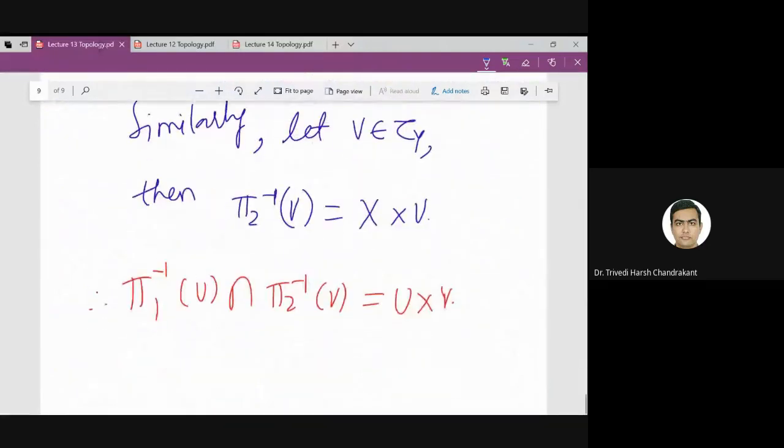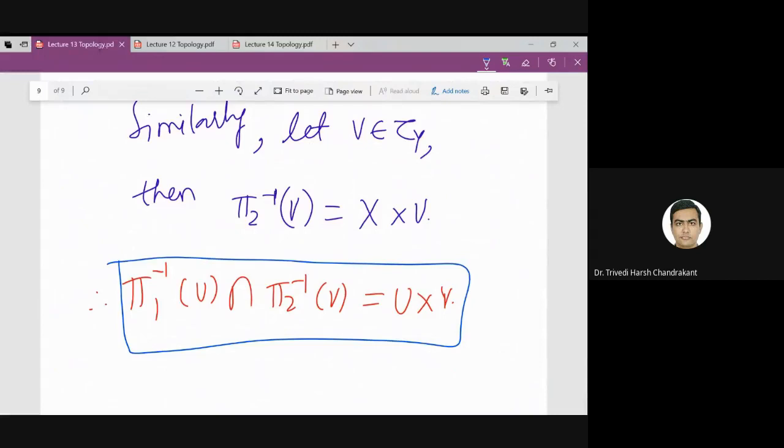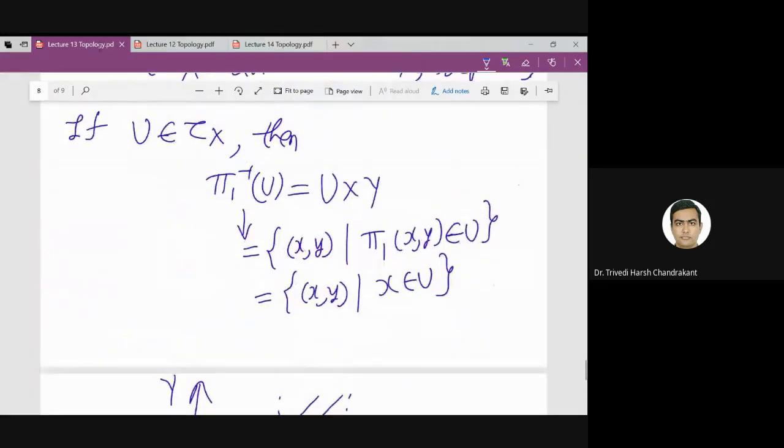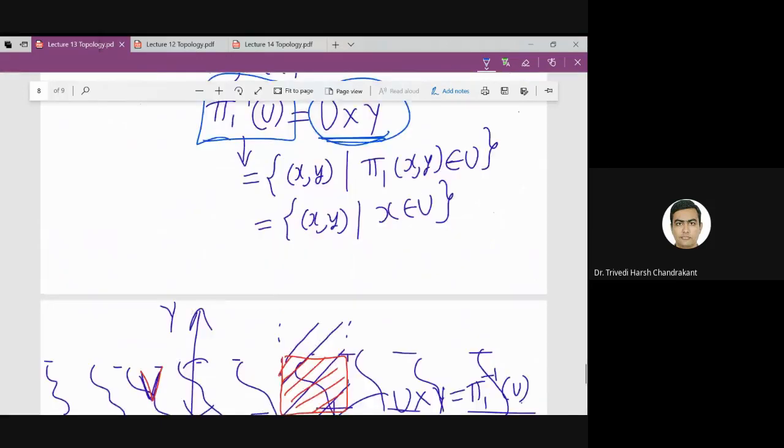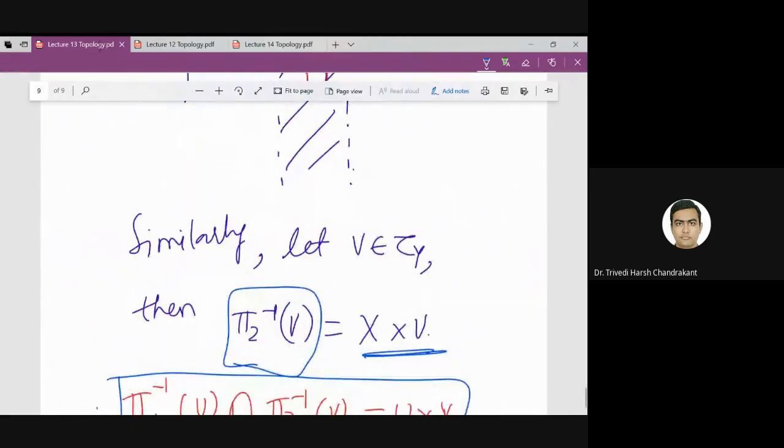So this we already understood, right? Yes. So now we already know that this set is open in the product topology. Same way, this set is open in the product topology, because every set of this form U cross Y is open in the product topology, and this is also open.